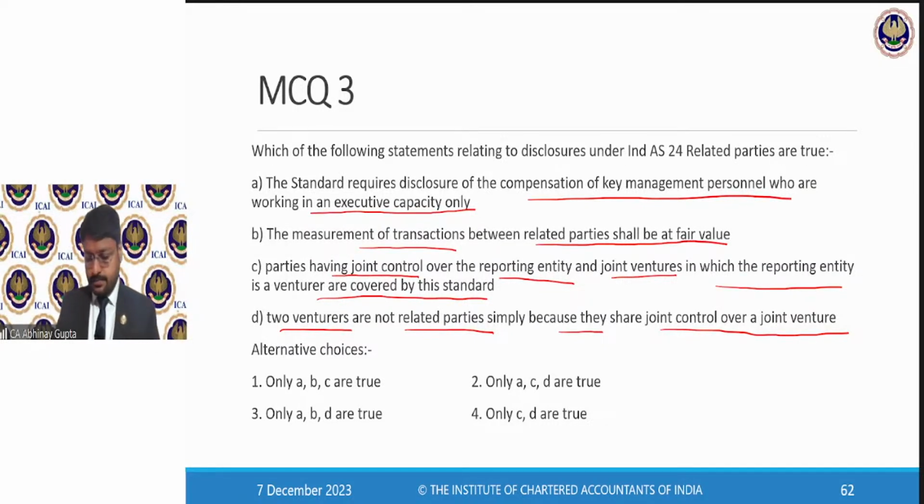Any luck? Abdul is saying four, fourth option. Okay.